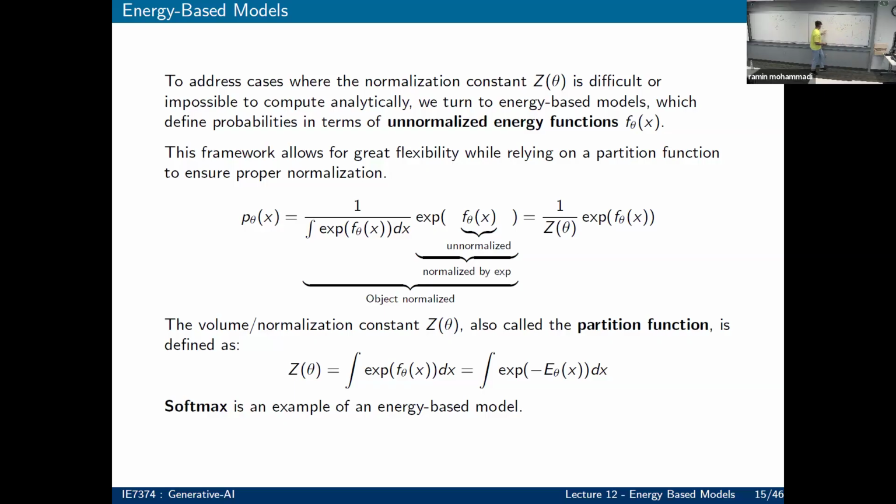If you go to the exponential without a negative, by default, the function and the energy, the density and the energy, have a reverse relationship. That means by default, when this is high, the other one is low, right? So you technically need to ensure that you want this relationship to be similar.